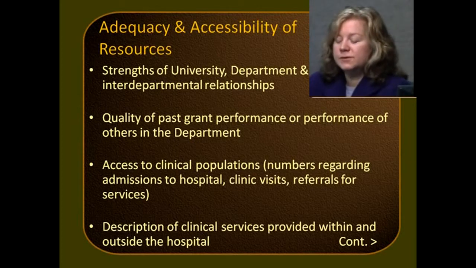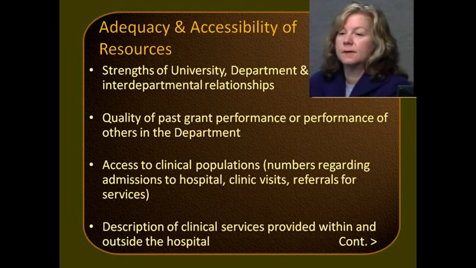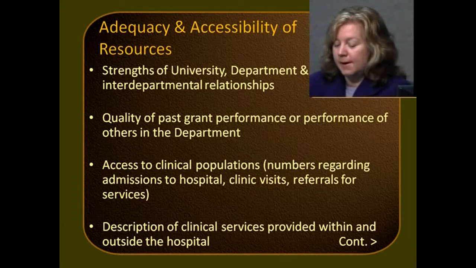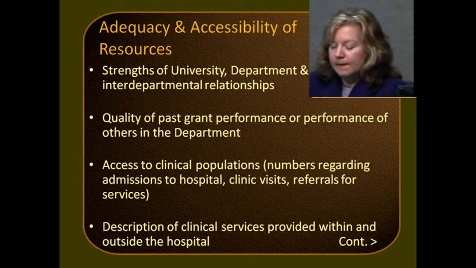I like to include some tables showing the kinds of numbers of people with specific needs that have been served in the past by either our clinic or another outpatient service, or who've been admitted to our hospital for services. Finally, you'll want to include a description of your continuum of care, if appropriate.